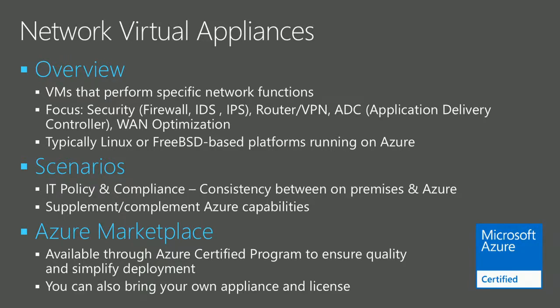Most appliance vendors already have a virtual edition of their appliances running on Hyper-V or some other hypervisor platform. So the goal here is that we are working with the appliance vendors, adapting to the Azure platform running on Hyper-V that Microsoft Azure uses, and of course adapting to the networking functionality. So you have multi-NIC, and some may need forwarding and routing, all those kinds of things to run on Azure.